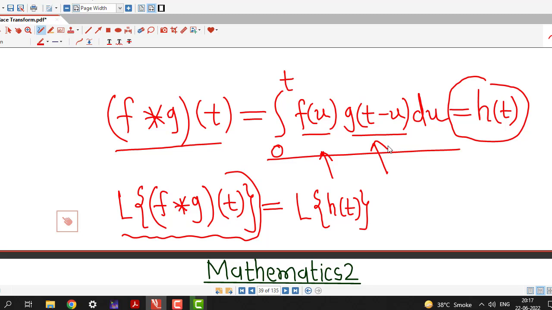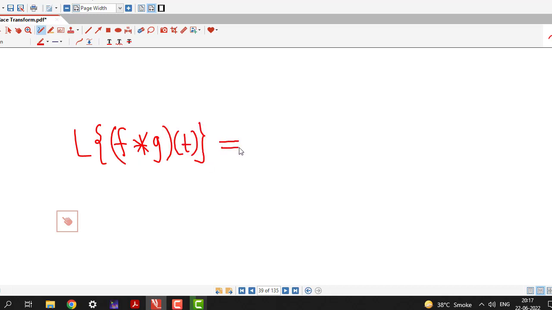So that result is called convolution theorem, and it is very easy to remember convolution theorem. Suppose we are interested in the Laplace transform of convolution of f and g, then convolution theorem says that this is nothing but product of Laplace transform of two functions f and g.